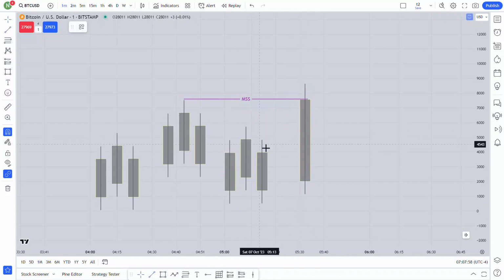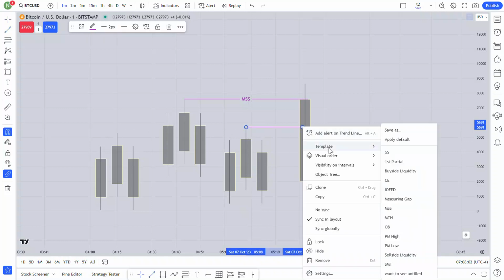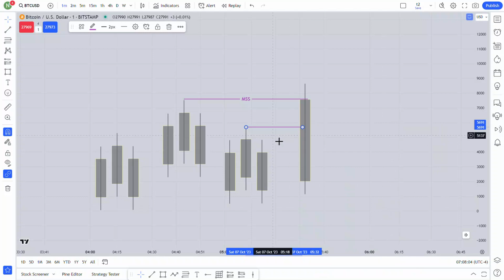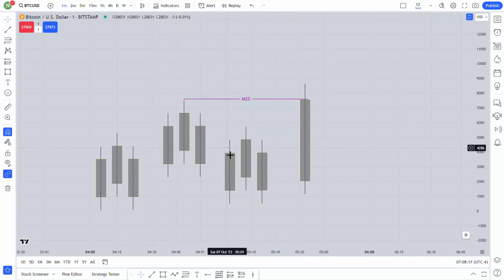If you mark this one as your swing high, it is not my market structure shift. Why? Because it doesn't have a swing high which is lower than this swing high on its right and on its left. So this is not a market structure shift.